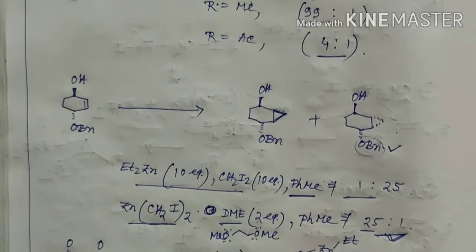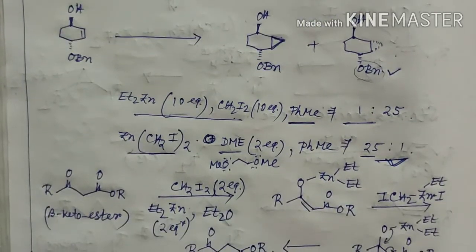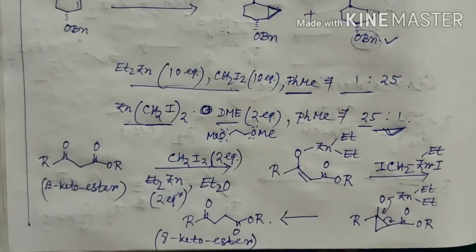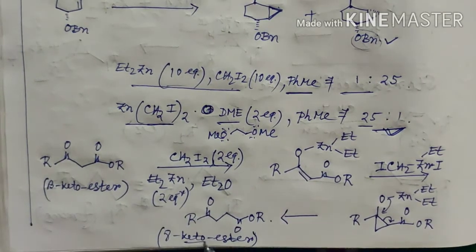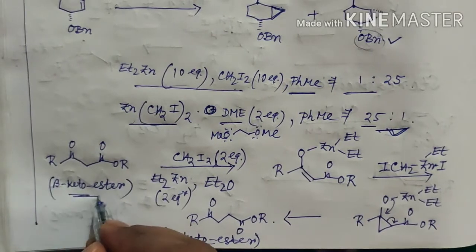Now the last example is the use of this Simmons-Smith reaction, that is, formation of a gamma keto ester from a beta keto ester species.